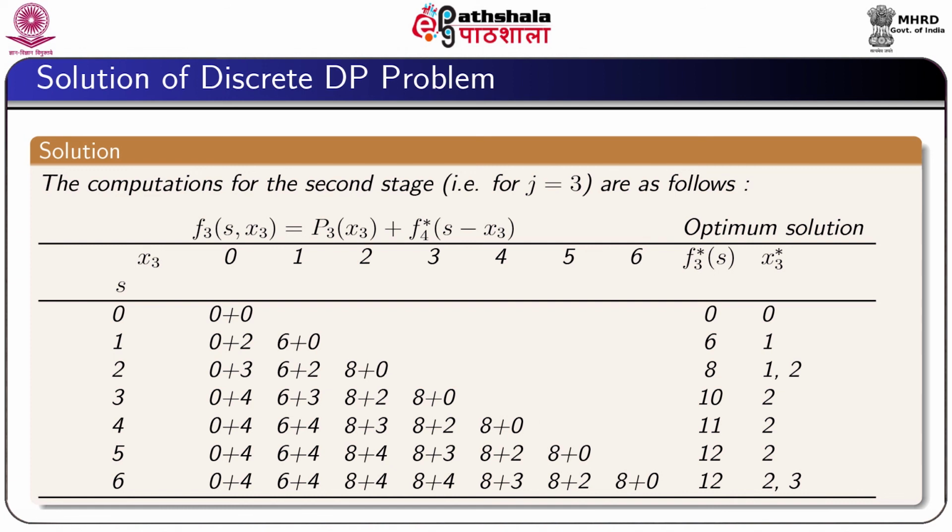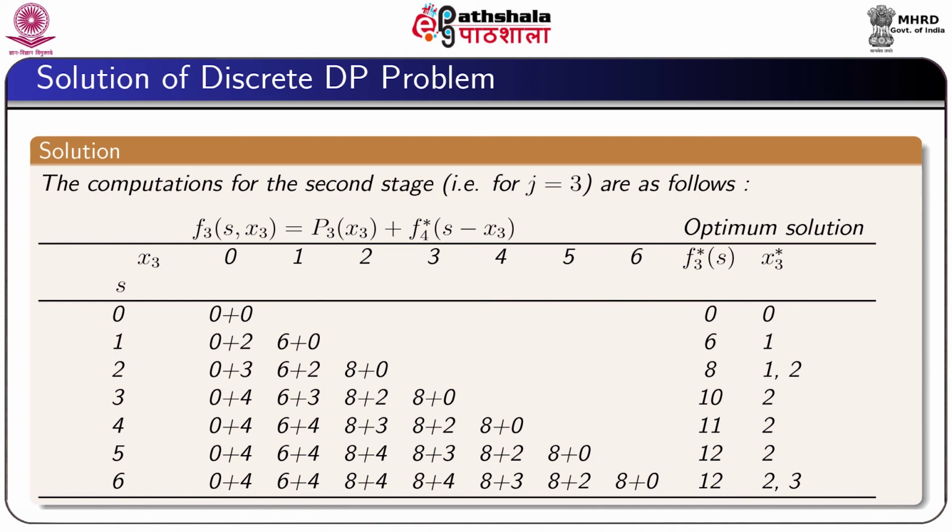Now, we proceed to stage 2. We have the recurrence relation f_3 equal to P_3(x_3) plus f_4 star(s minus x_3). f_4 star we have already derived in the previous table. So, depending on the available value of s, we can assume the value of x_3.